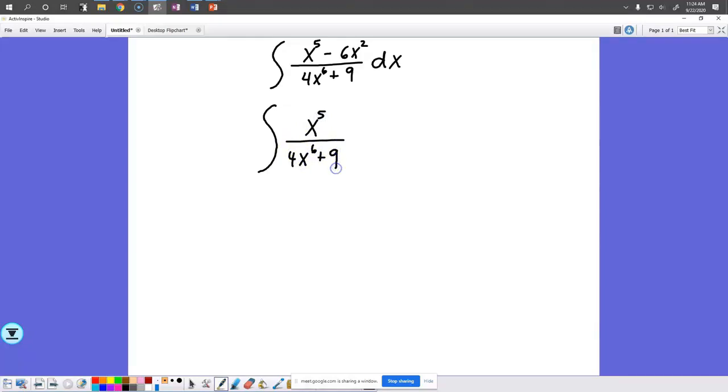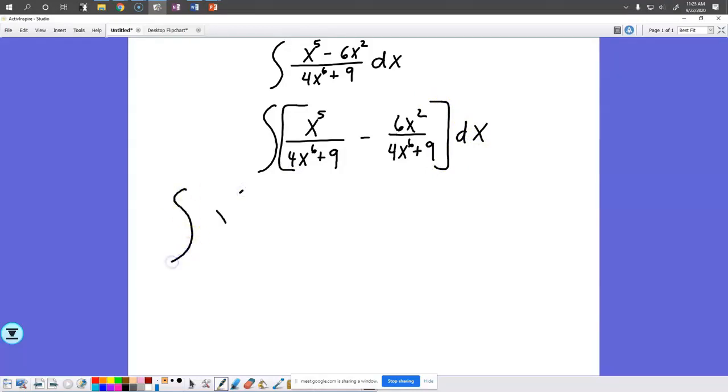I'm saying consider the possibility because it's not always like this, but it's definitely an option to consider. As you guys can see, I've rewritten it as two separate fractions instead. After that, we're going to treat these as two separate integrals.